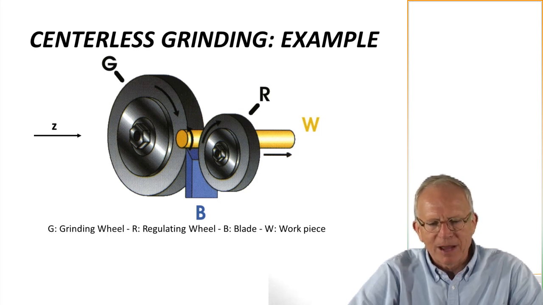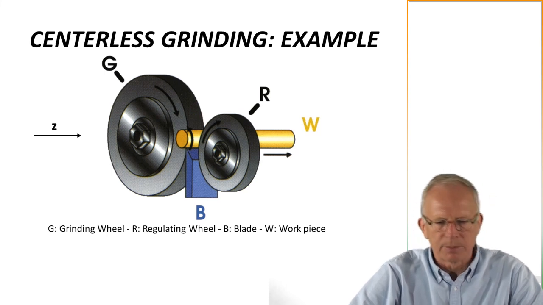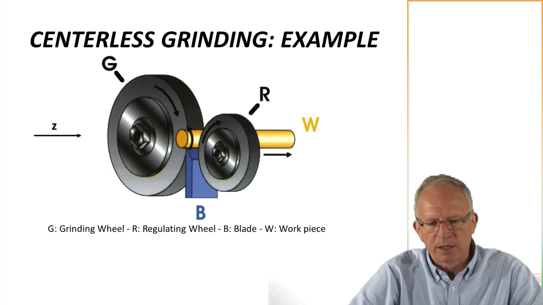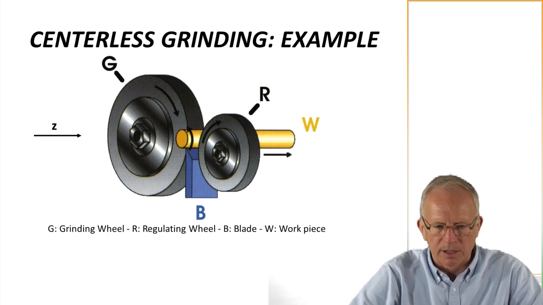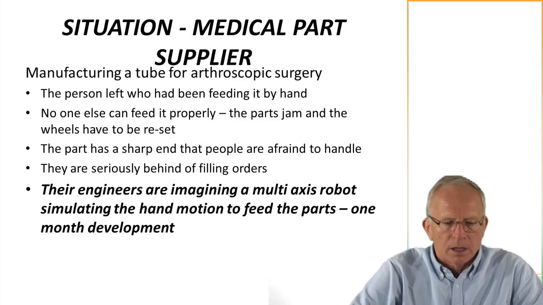It gets fed through by a slight misalignment of the regulating wheel and the grinding wheel, so that it gets ground to just the right dimension all the way through, and it does it without having to put it on center. So this is a nice process, but in reality these wheels are spinning around, and it can look a little bit frightening to the person who has to load it.